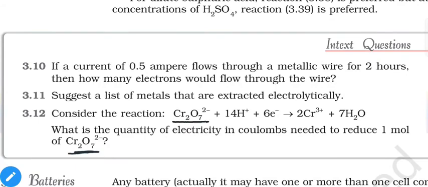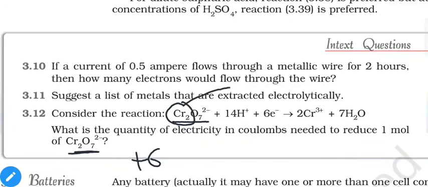So first of all, you need to find the oxidation state of Cr in Cr2O7 2 minus. And the direct answer is plus 6. The oxidation state of Cr in Cr2O7 2 minus is plus 6. And 1 Cr2O7 2 minus contains 2 chromium.